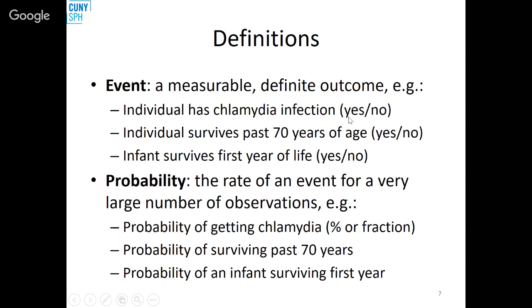That is an event. Probability is the rate of an event for some very large number of observations. This is only one definition of probability, but it's the one that we're going to use. So if we look at a very large number of people, the frequency of chlamydia infections, so the frequency of those yes events, is the probability of having chlamydia.